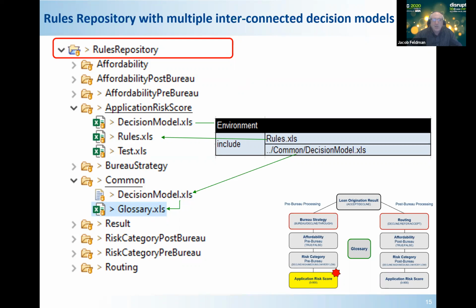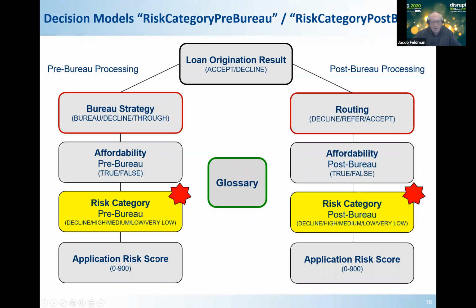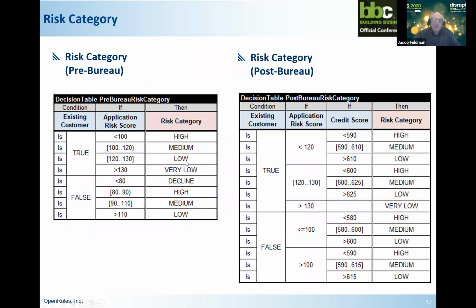Let's continue. So now, if we already covered application risk score, now I want to cover risk category. And for risk category, you can see the common glossary here. It's different for pre-bureau and for post-bureau, so we will probably need to develop two decision models.